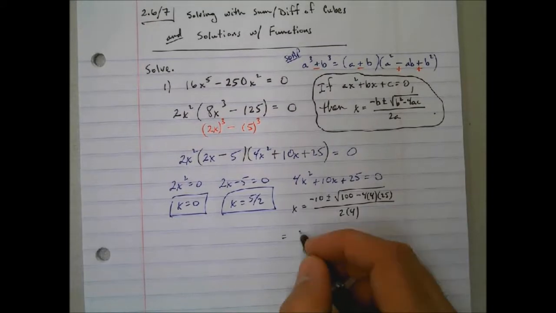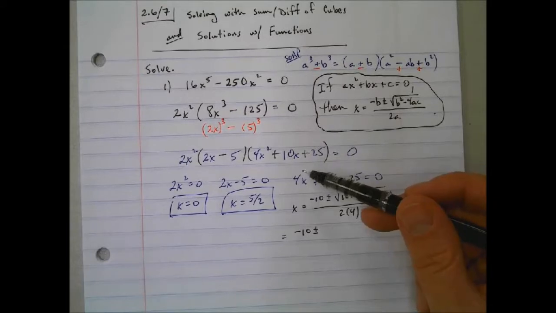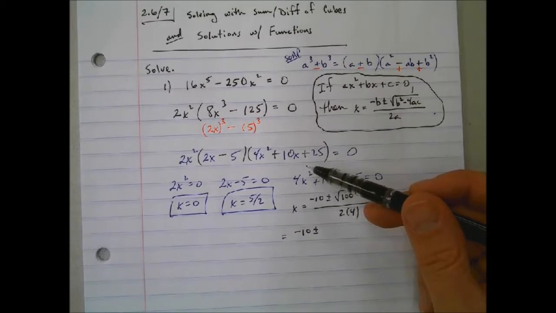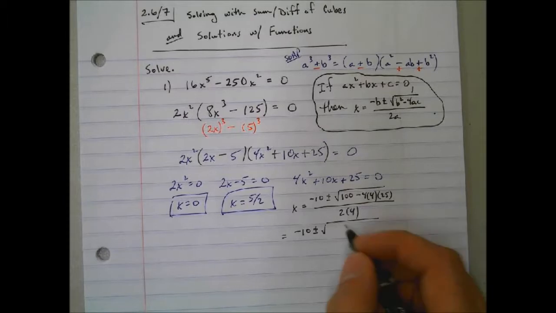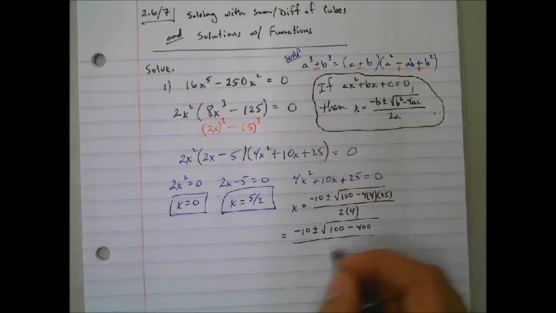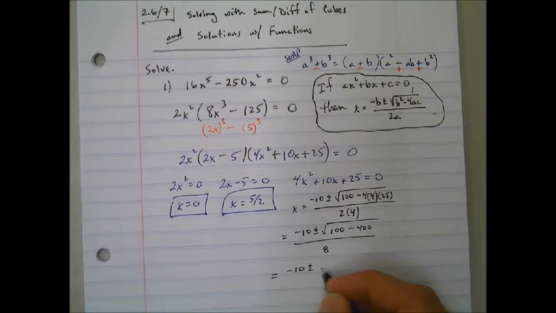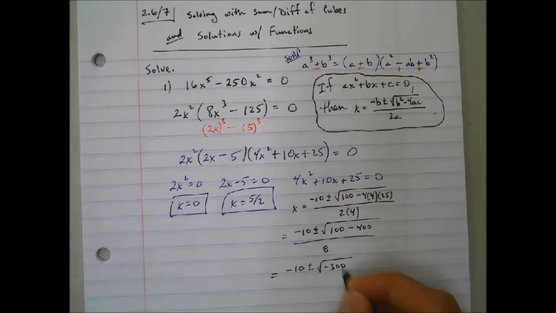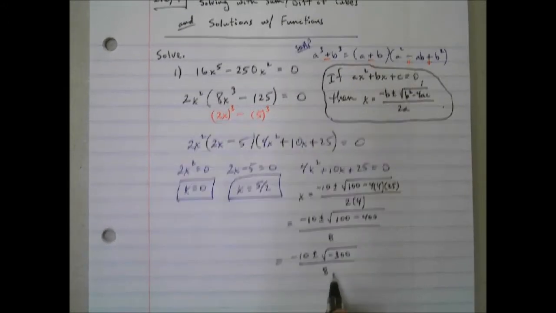As you're cleaning it up, what you will notice anytime you're doing this with the sum or difference of cubes, you're always going to get imaginary. So negative 10 plus or minus the square root of 100 minus 400, over 8. And so that's negative 10 plus and minus the square root of negative 300. So now you can see we are getting imaginary.